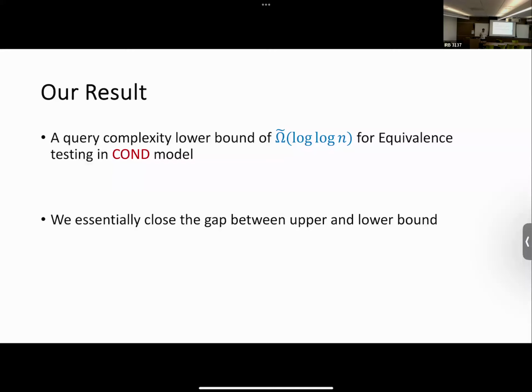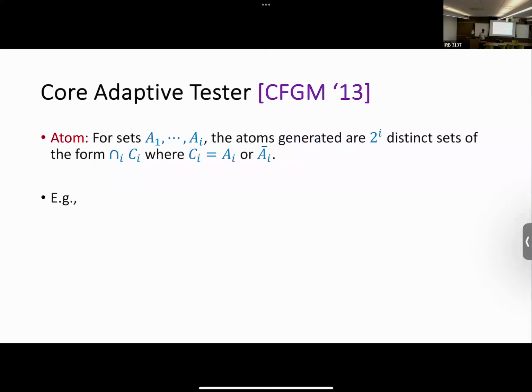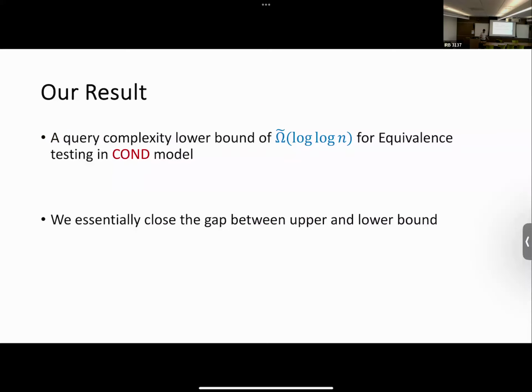This result doesn't just hold for equivalence testing, it also holds for many other property testing problems. And even for support size estimation, we show that using this technique, we can get a similar result. Okay. So that's about our result.